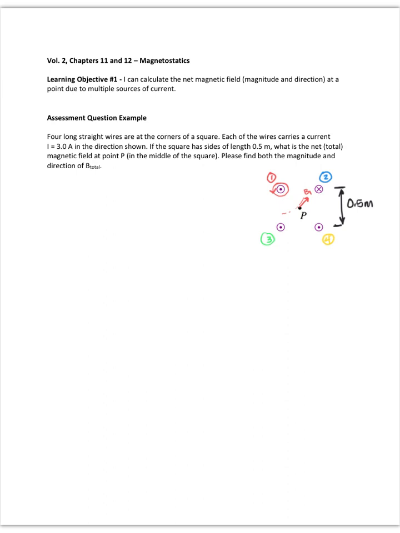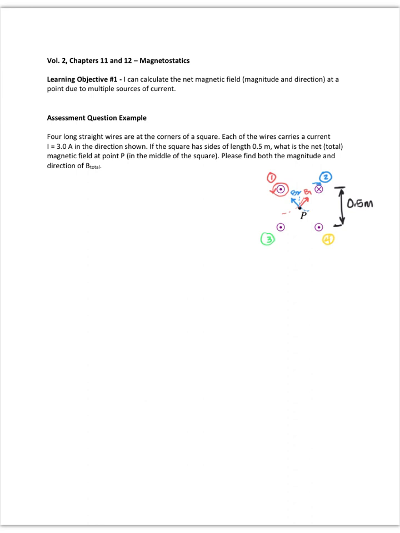Now I'm going to do this with the other wires. I'm going to move on to wire number 2. Again, I'm going to imagine a circle. For this one, because the current goes into the page, the magnetic field will wrap around in a clockwise direction. Keeping that in mind, my magnetic field at point P due to wire number 2 is going to be in this direction.